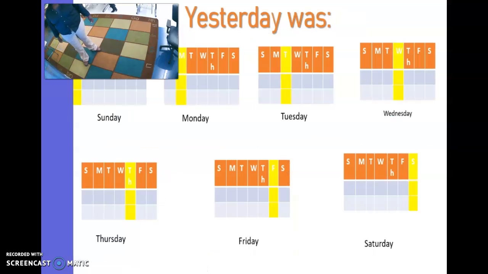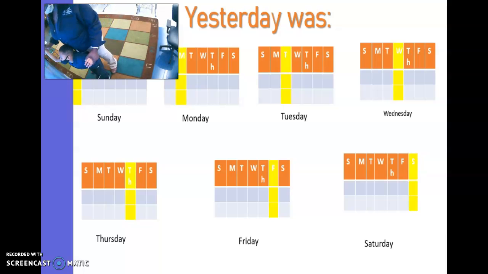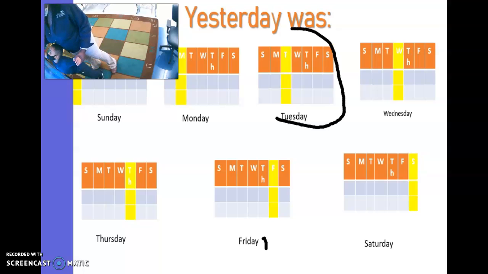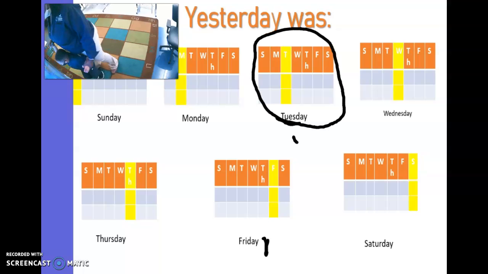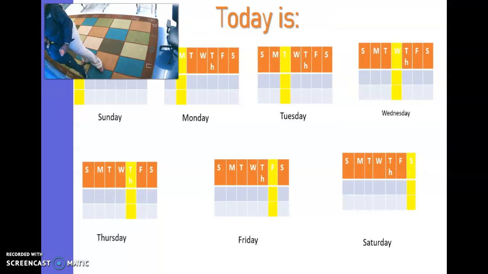Next slide. What was yesterday? Okay, can you turn it back, please? I'm sorry that Kyrie's not helping. Kyrie, we have to help our friends, not hurt our friends. Be gentle. Let's check our friends.